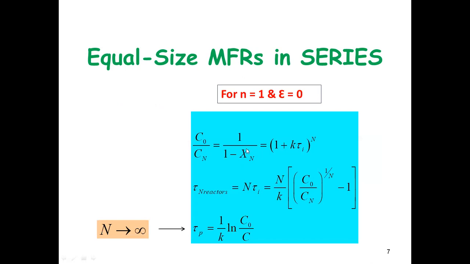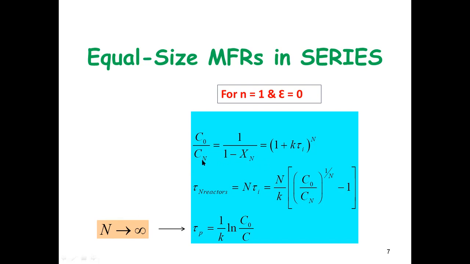Now, another formula that you will find very useful in processing problems concerning MFRs in series, in relation also to a PFR, is this: the ratio of the initial concentration, or of the feed that enters the first reactor, to the concentration of the effluent from the last reactor being equal to 1 over 1 minus the conversion in the last reactor.